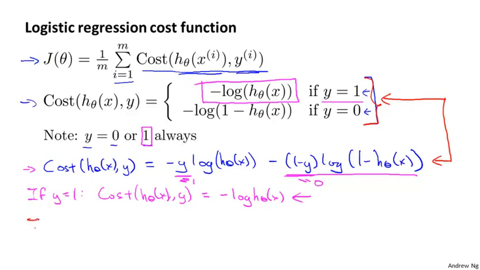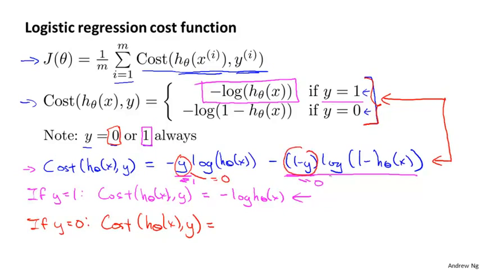The other case is if y is equal to 0. In that case, this first term would be equal to 0, whereas 1 minus y would be equal to 1, because 1 minus 0 is just 1.